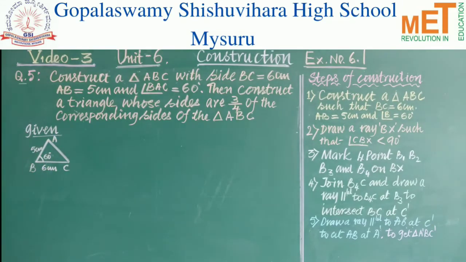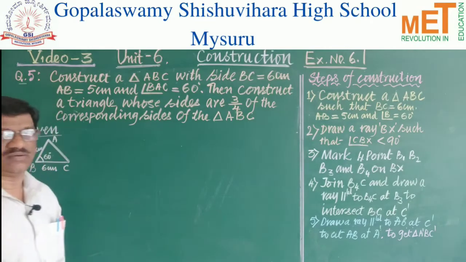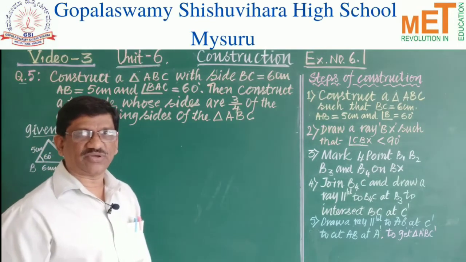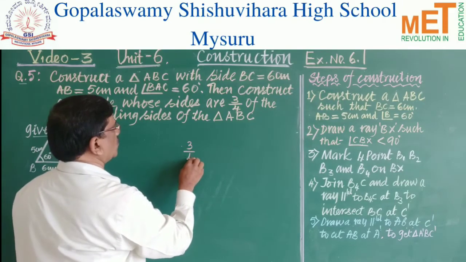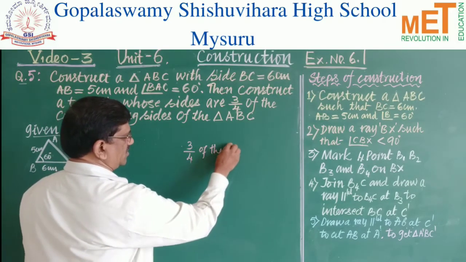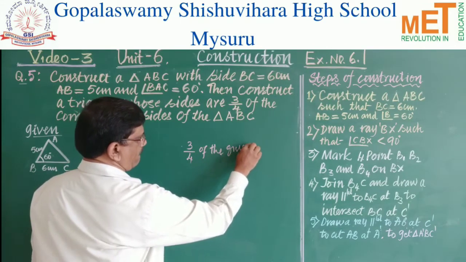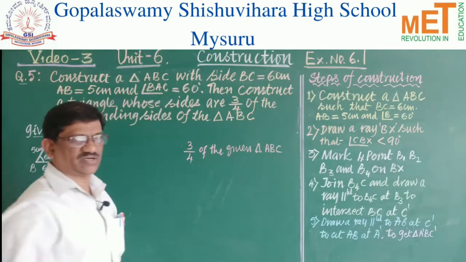So here the sides of the triangle that we have to construct are 3/4 of the given triangle ABC, isn't it, children?